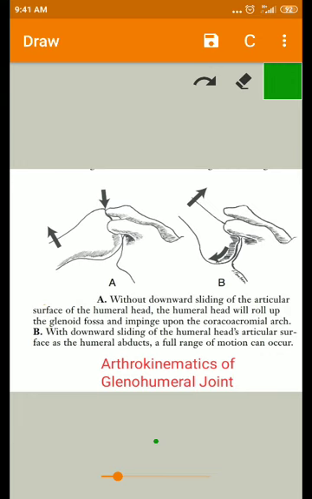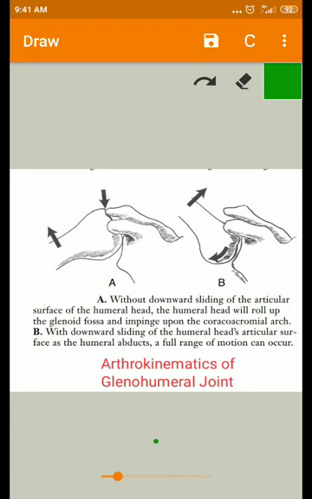Only with structural changes in the glenohumeral joint does the impact of the humeral head on the acromion or the coracoacromial ligament occur. Okay, this is about the arthrokinematics of the glenohumeral joint.